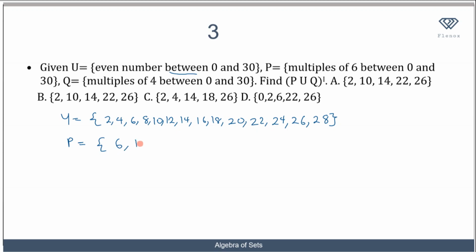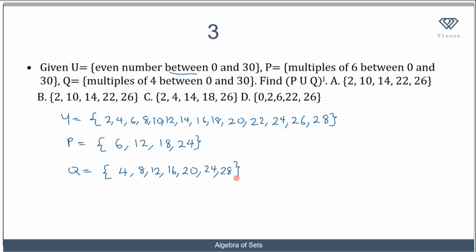Then you have 12, then 18, then 24. You stop at 24 because you are looking for the multiples in between 0 and 30. Next, Q is the multiples of 4 between 0 and 30. So we start at 4, we have 8, 12, 16, 20, 24 and 28.